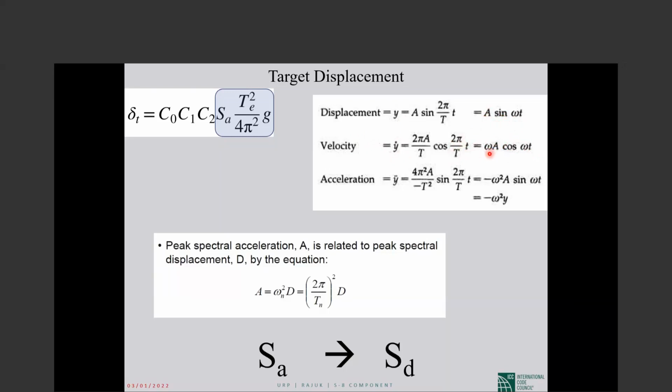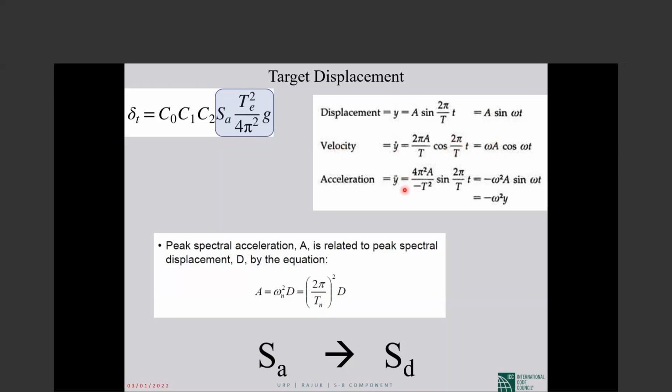So just check what is the T of the building, 2 pi over that, and then multiply that by A. If you have the displacement, this way you can get the maximum velocity.